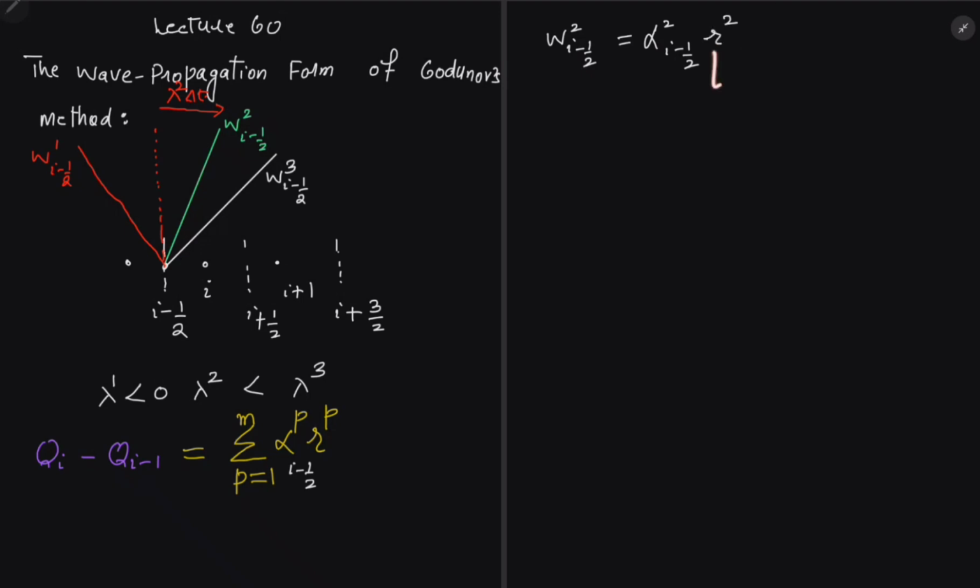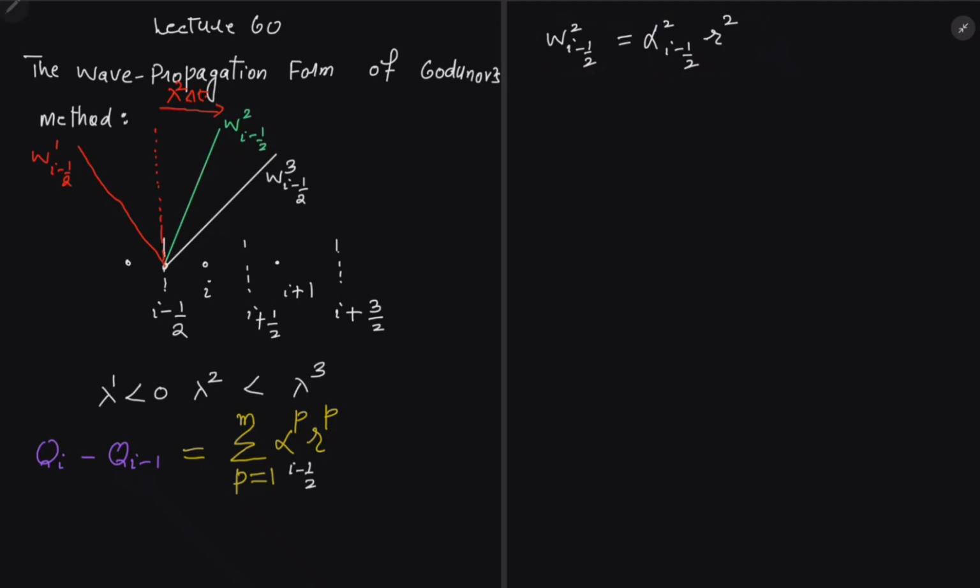Here R stands for the eigenvector and 2 stands for the wave number 2. And here alpha is an unknown, and 2 is the wave, and I minus 1/2 means that we find this alpha at I minus 1/2. And this quantity on the right hand side was equal to W2 at I minus 1/2.